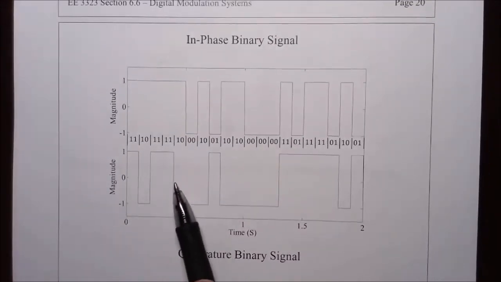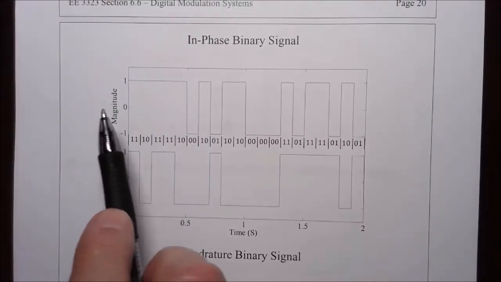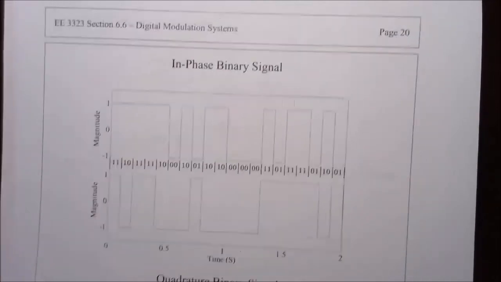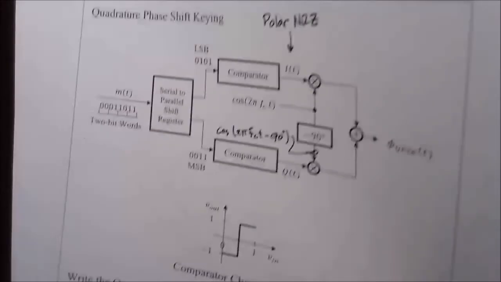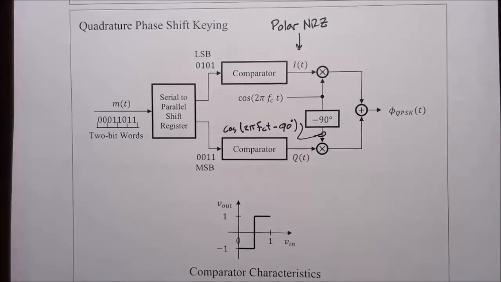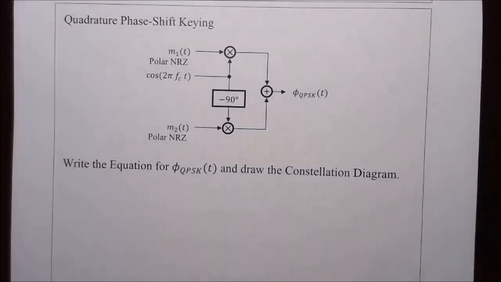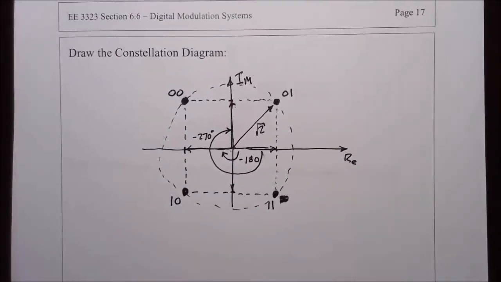The way I have it here, it looks like the more significant bit is in phase, and the least significant bit is quadrature phase. So to tell the truth, that's the opposite of what we have in this diagram. So the constellation diagram will have the points in the same places.